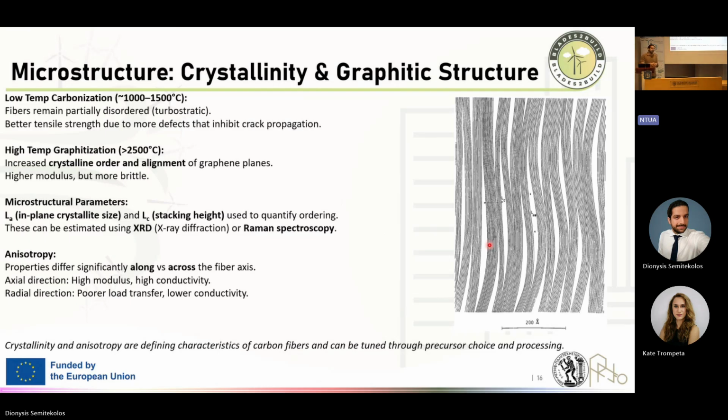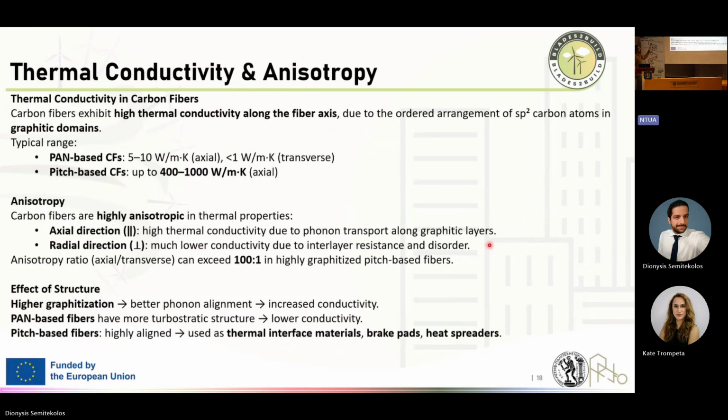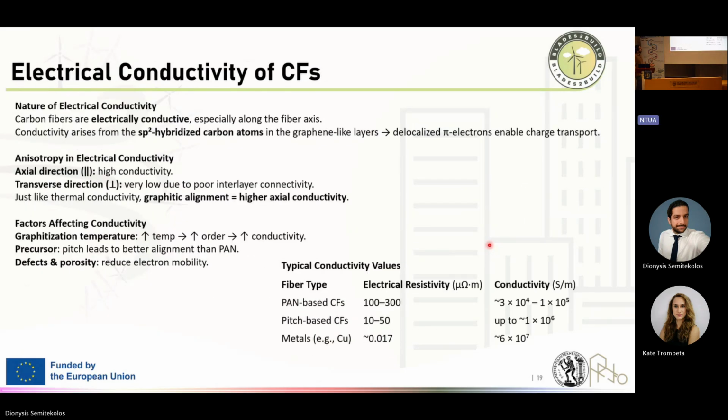And this applies to all the properties, not only the mechanical, but also the thermal and electrical. For example, for the electrical conductivity, we have the sp2 bond, which gives us a free electron to transfer the electricity.